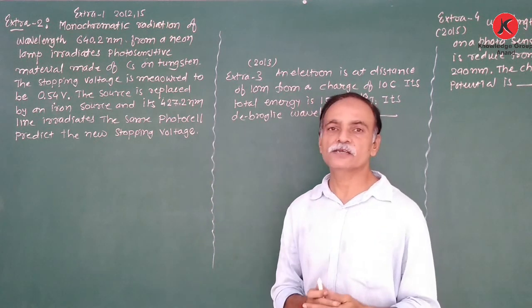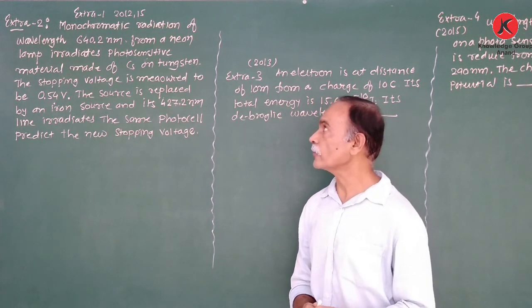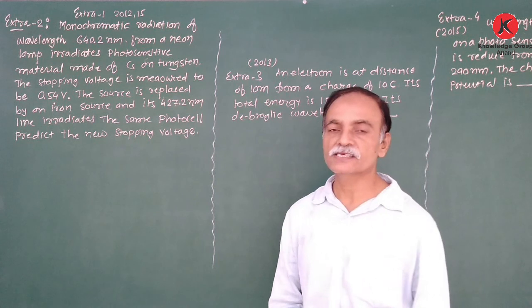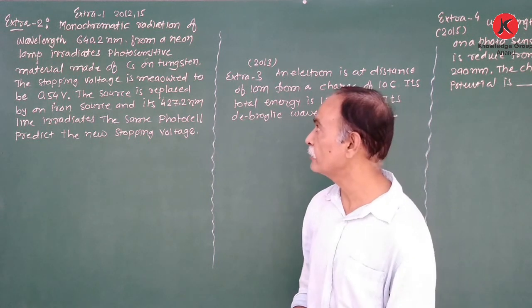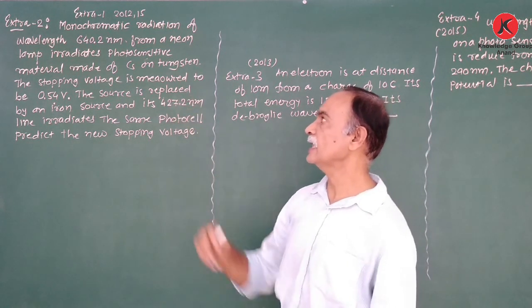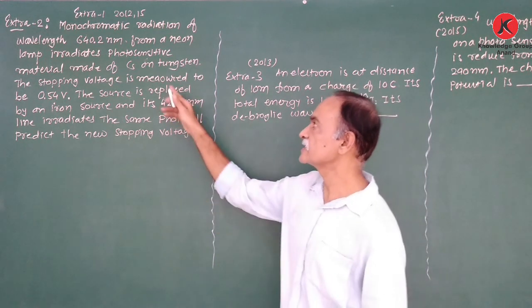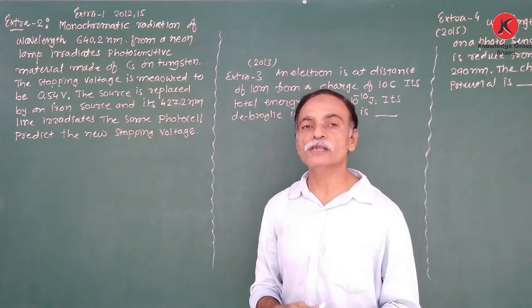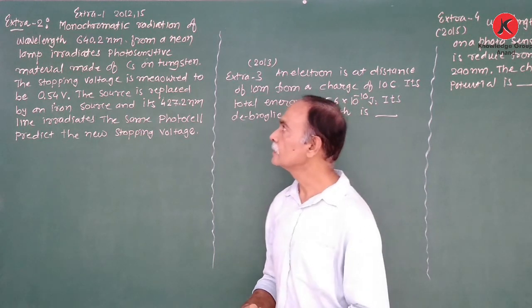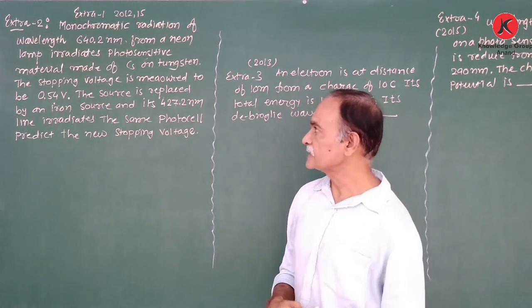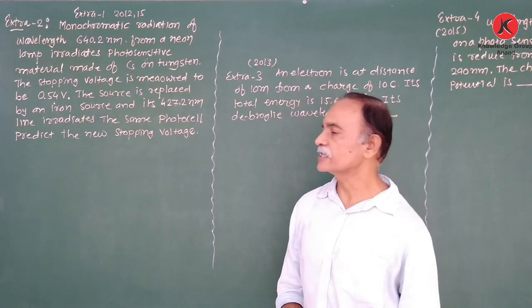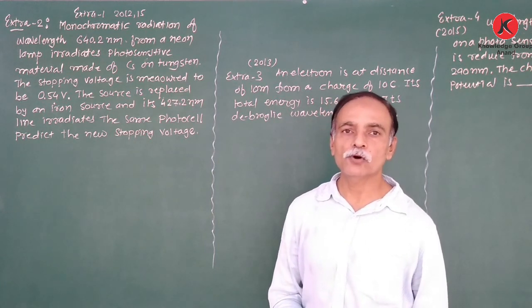Now the next extra numerical: monochromatic radiation of wavelength 640.2 nanometer from a neon lamp irradiates the photosensitive surface of cesium or tungsten. The stopping potential or stopping voltage is measured to be 0.54 volt.